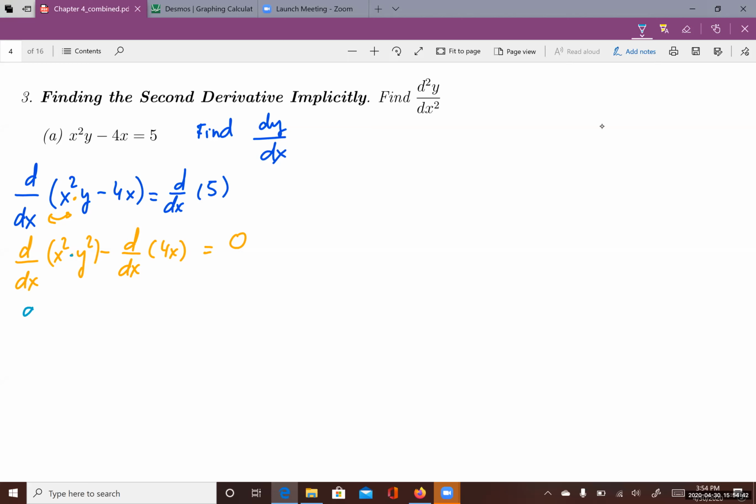The product rule says you take the derivative of the first function, multiply by the second function, plus the derivative d over dx of the second function, multiplied by the first function, minus the derivative of 4x. d over dx of 4x is just 4, equals 0.